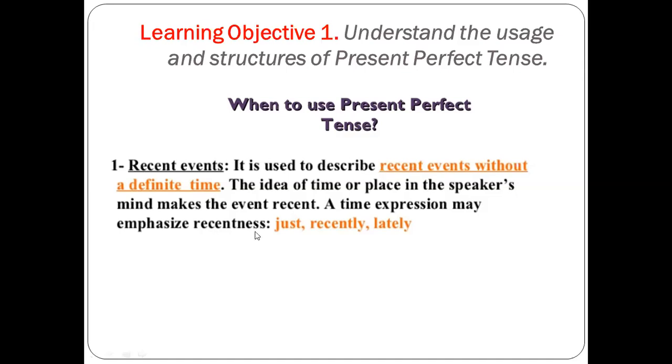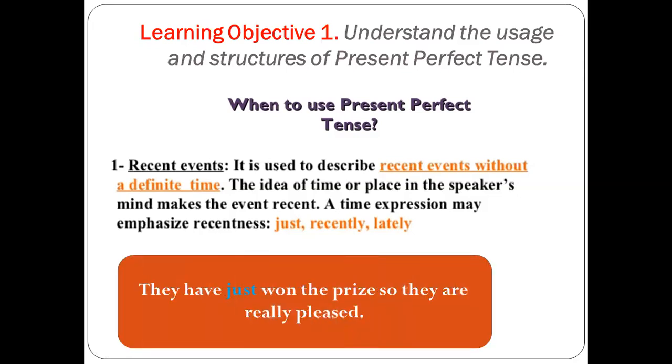These are the time expressions: just, recently, and lately. These are indefinite time, which means there is no specific time reference. Take note of that. Consider the following examples below.